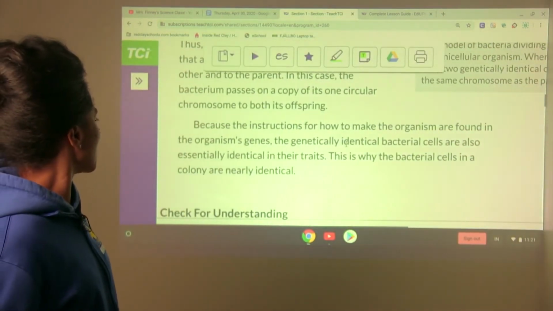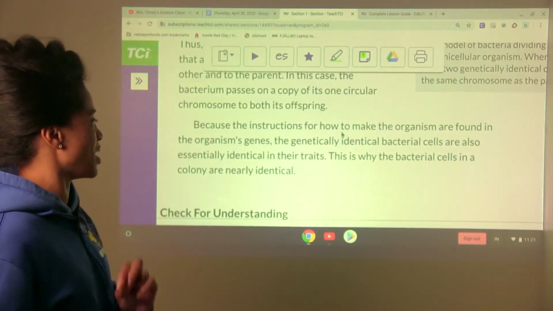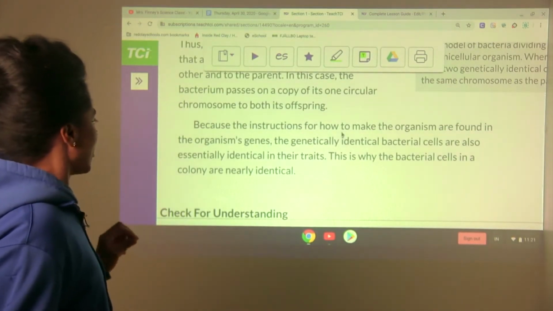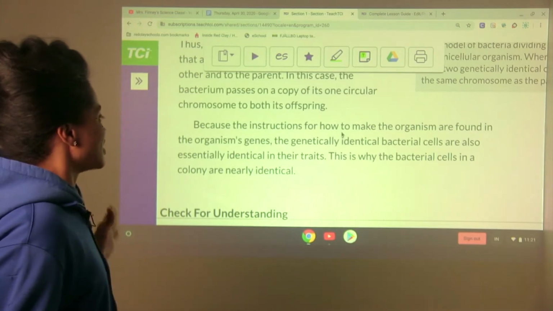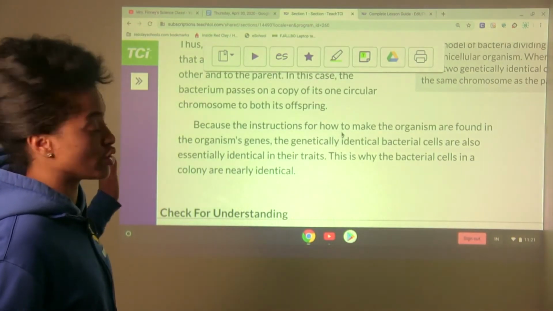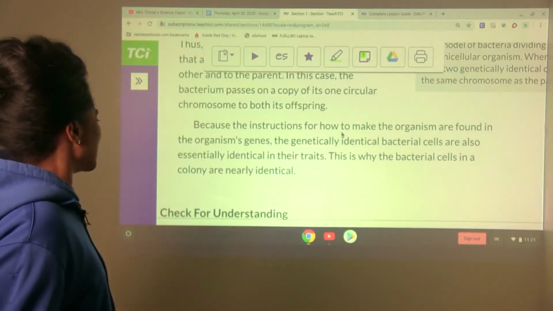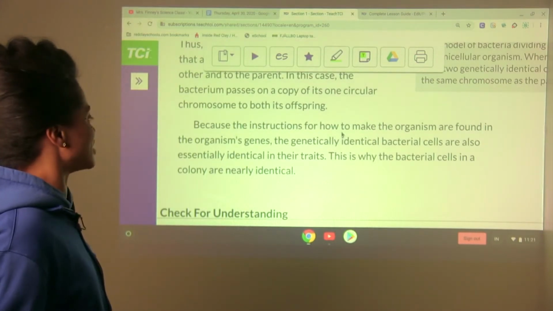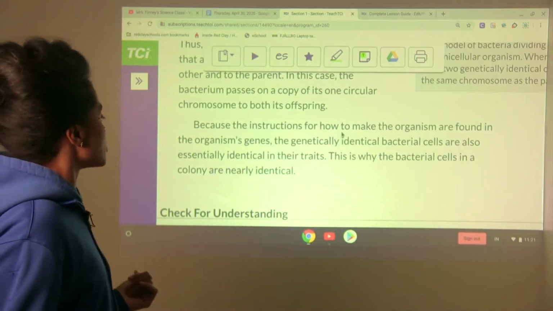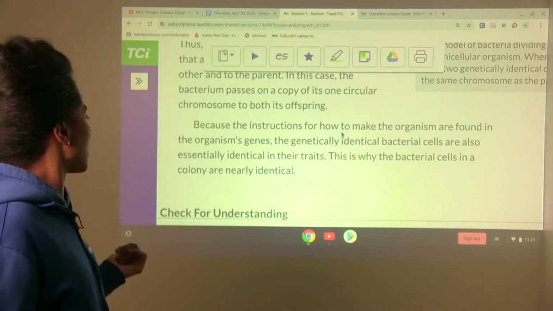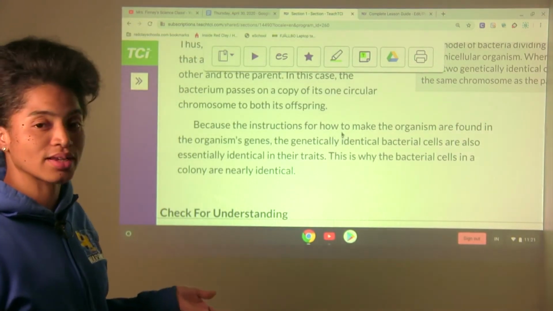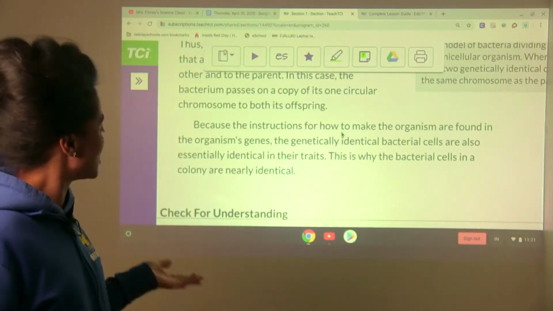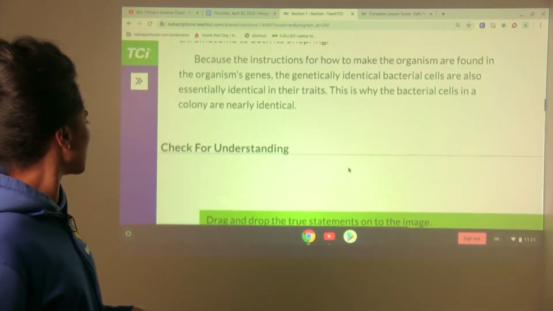Because the instructions for how to make the organism are found in the organism's genes, the genetically identical bacterial cells are also essentially identical in their traits. This is why the bacterial cells in a colony are nearly identical. So that's what we need to know in regards to asexual reproduction.